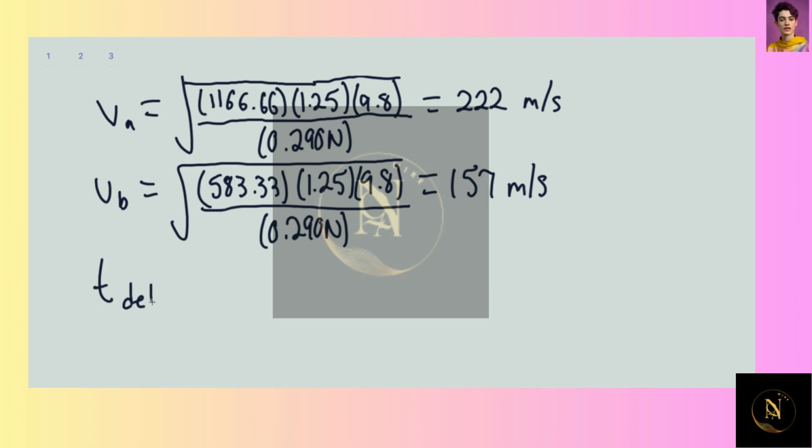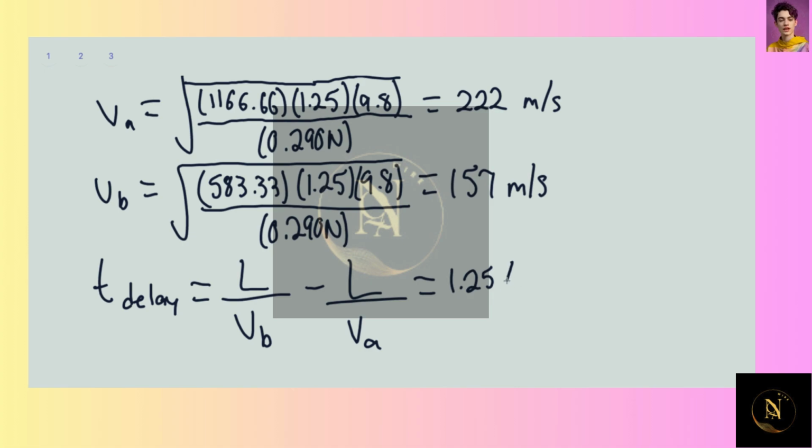The delay is equal to the length divided by the velocity. So it's the length of the wire divided by the velocity of the slower wire, minus the length of the wire divided by the velocity of the faster wire. This equals 1.25 times 1 over 157 minus 1 over 222.